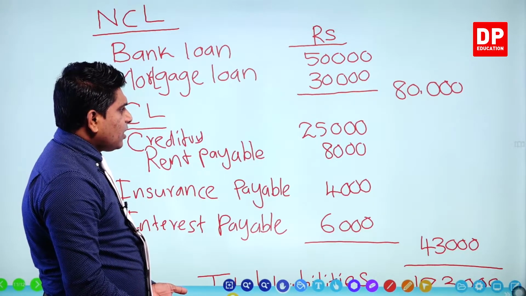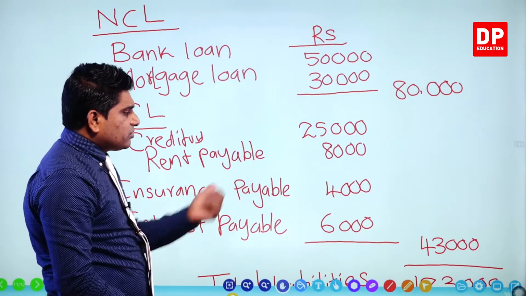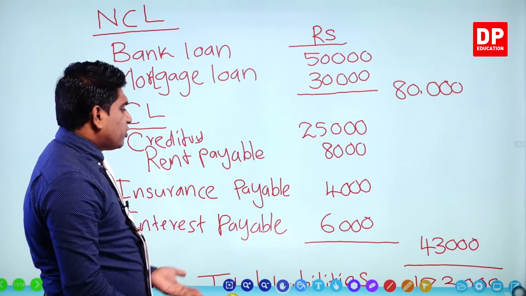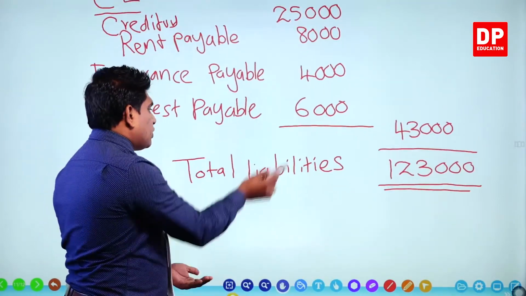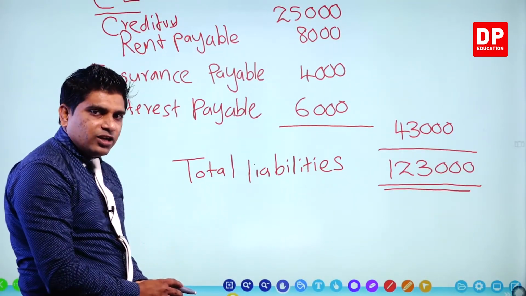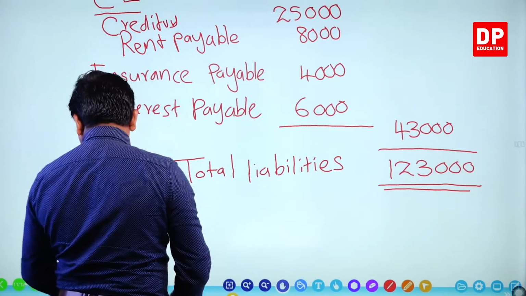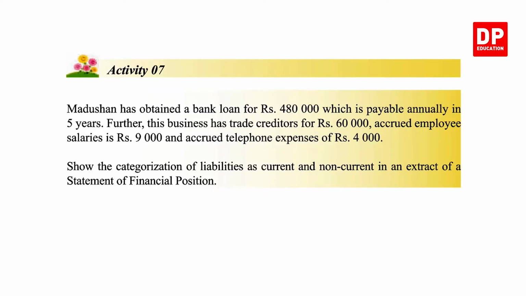Then how much? 43,000 is the current liability total. After that, current liability plus non-current liability, total liabilities, it is 123,000.